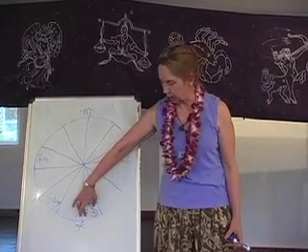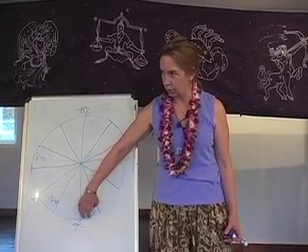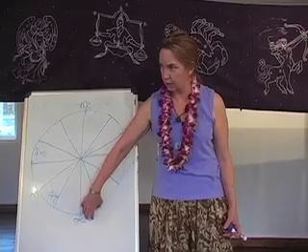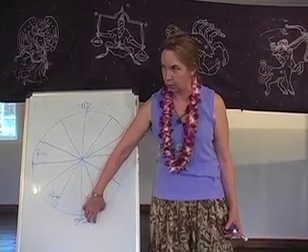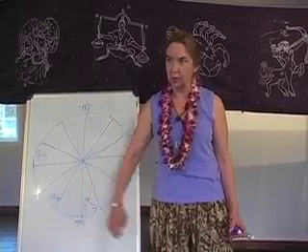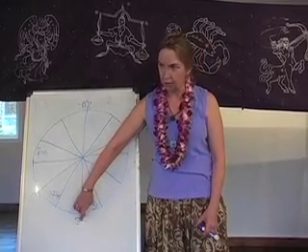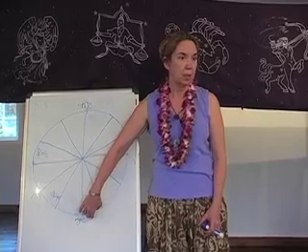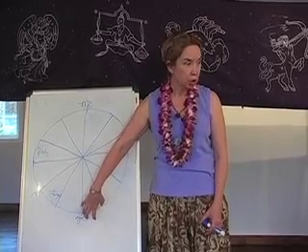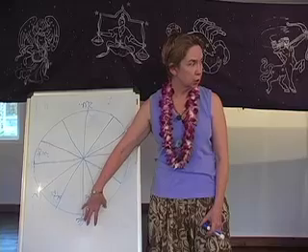Because this is naturally the Cancer house. This is naturally where Cancer resides. This is the 4th house. This is the house that the moon naturally rules. Cancer is the sign that the moon naturally rules. So what we're dealing with here with this sign on the 4th house cusp is, again, that early emotional nurturing.